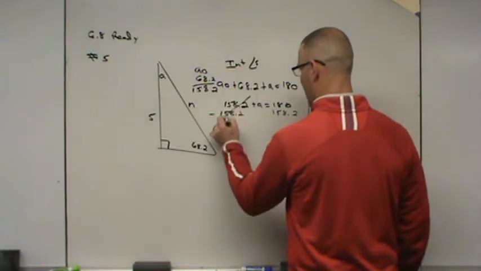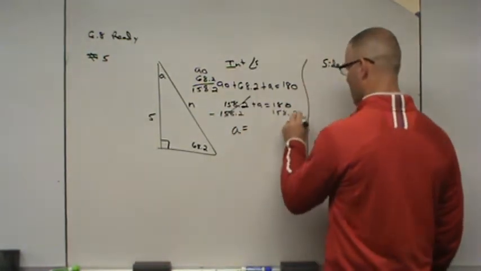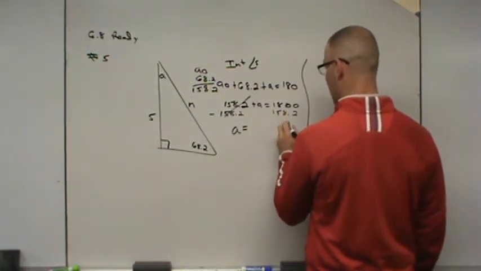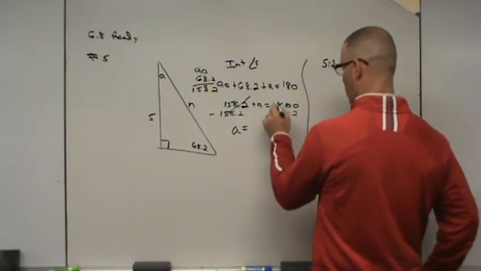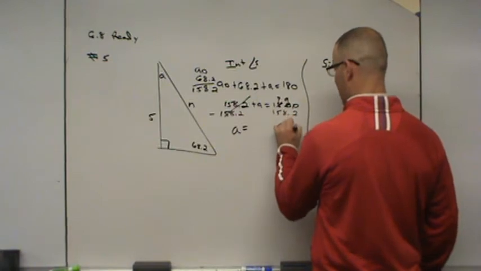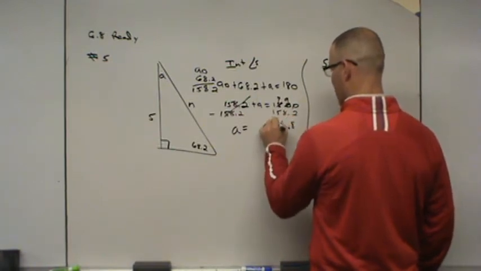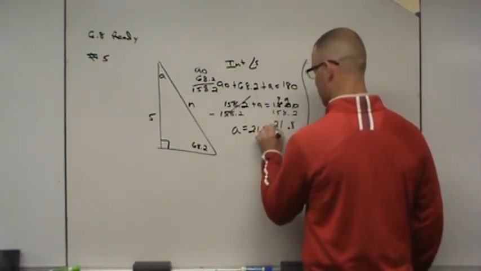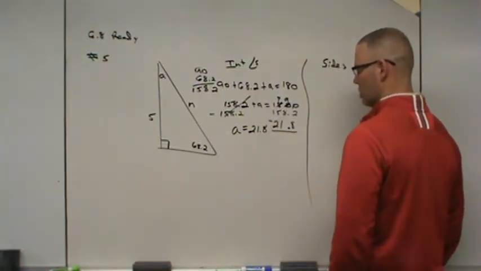Again, this is where the calculator is helpful to you. Okay, so 180 minus 158.2. I have to borrow, and we get 21.8. Okay, we do this old school.